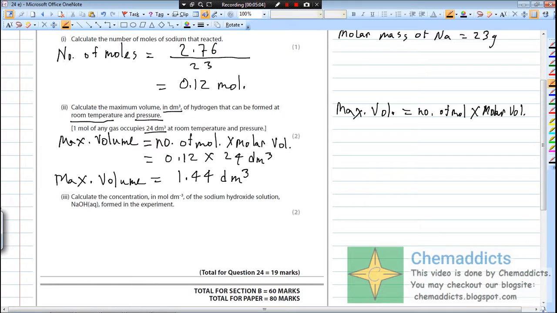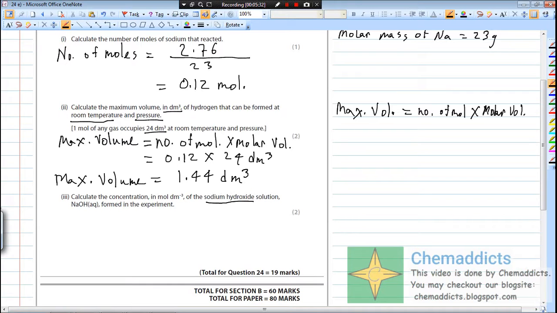Question: calculate the concentration in mole per dm cube of the sodium hydroxide solution formed in the experiment. So now they wanted us to find the concentration of sodium hydroxide solution in mole per dm cube formed in the experiment.